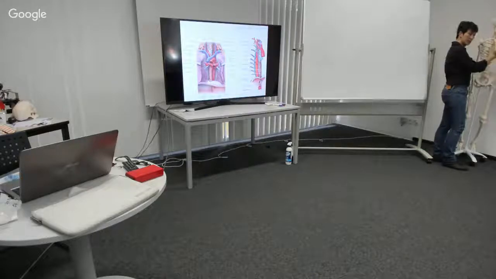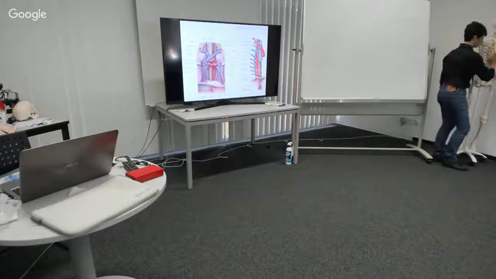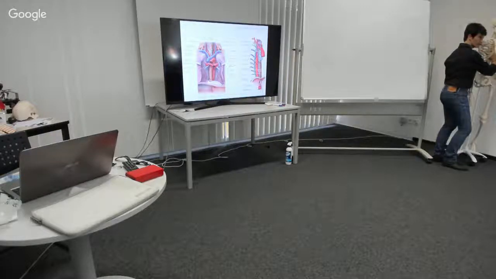So when the esophagus reaches the inferior mediastinum from the superior, it occupies the posterior division. It is no more in relation with the trachea because the trachea bifurcated, and the relation here changes from the trachea to the left main bronchus.